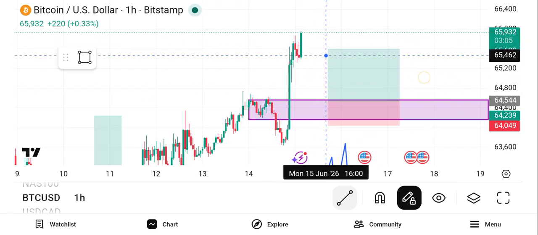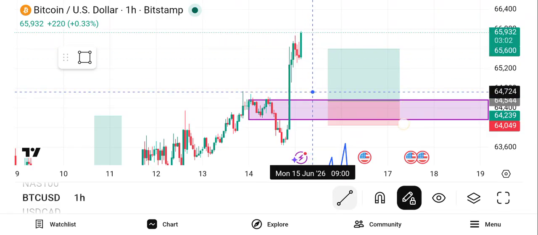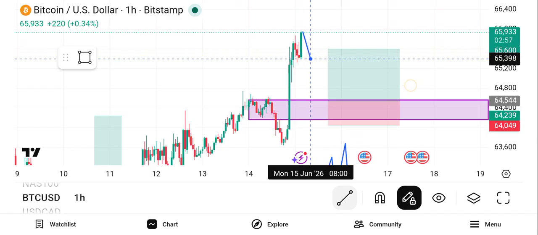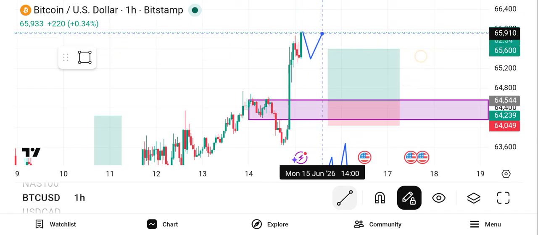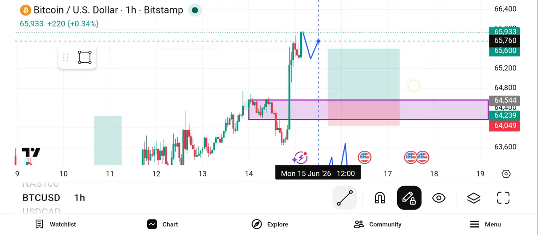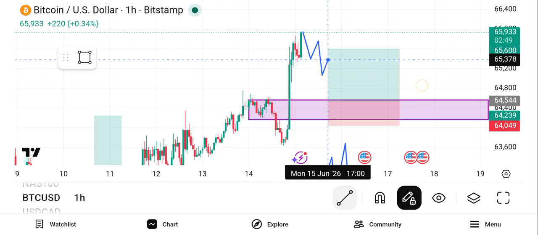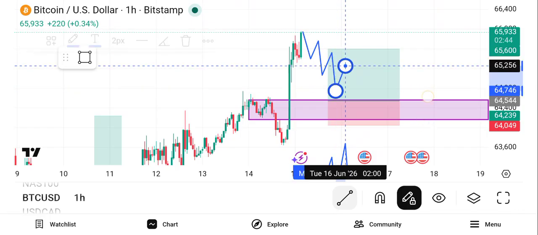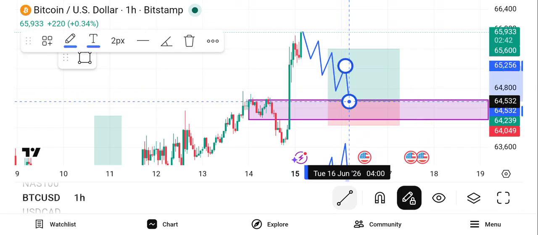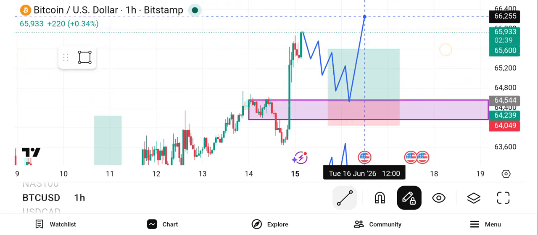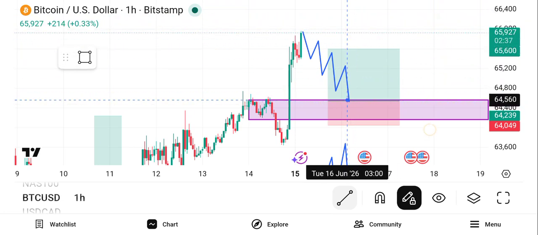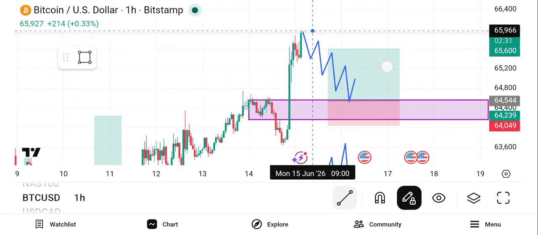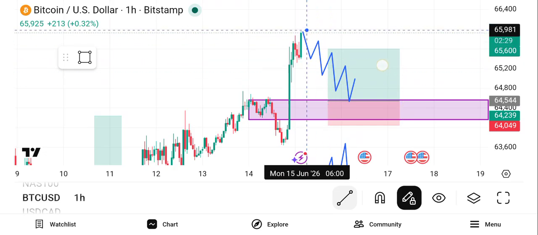But when it approaches in a trend-like manner, for example, if BTC starts selling now, creating a series of lower lows, lower highs, lower lows, lower highs, lower low, and then begins to approach in a trend-like manner this way, I know that this point of interest is going to hold.